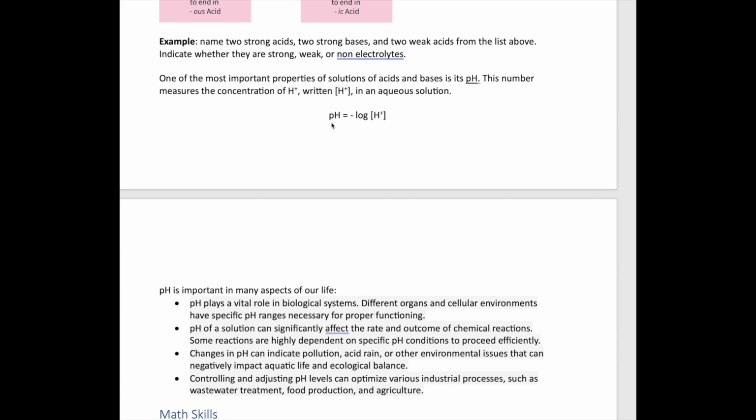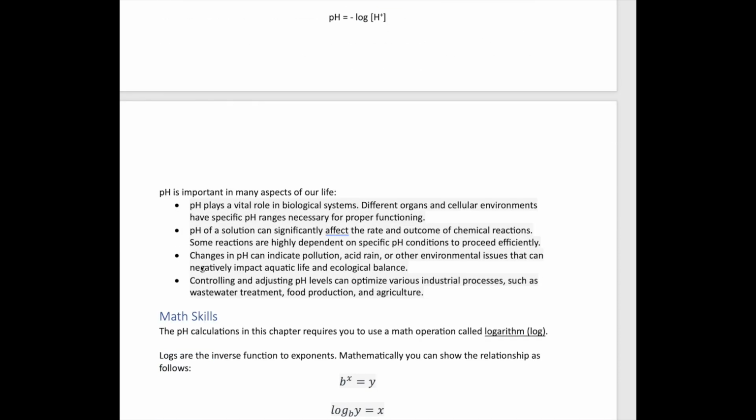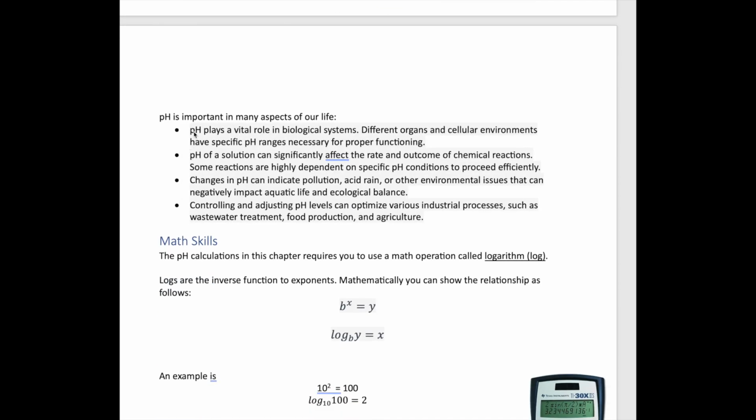The way we calculate it is we take the negative of the logarithm of the H+ concentration. I'm going to do a few examples later on to show you how to do this on your calculator. But before we do that, I just want to point out the importance of pH. As I said earlier, different pHs tell you different quantities of acids and bases that are present.